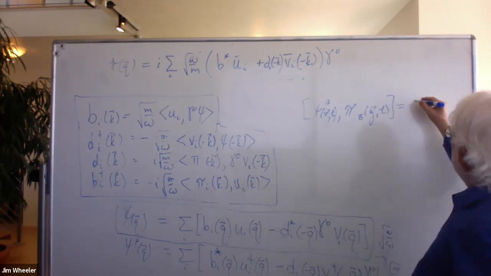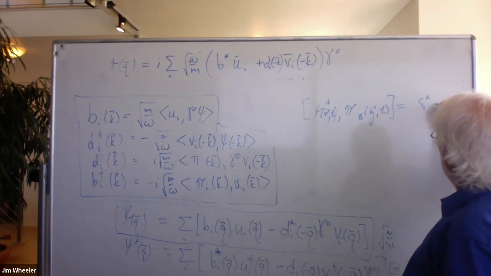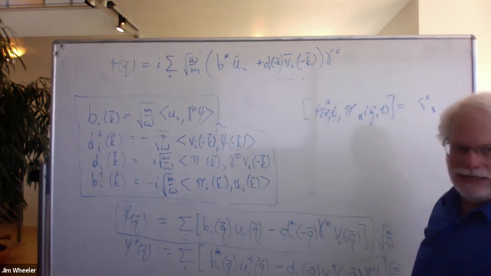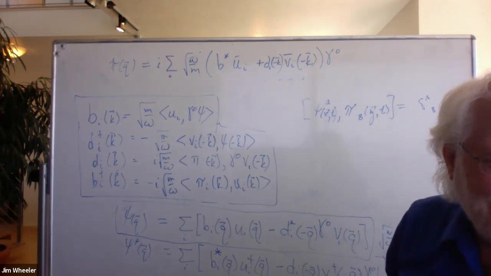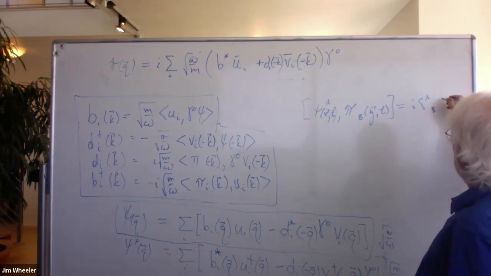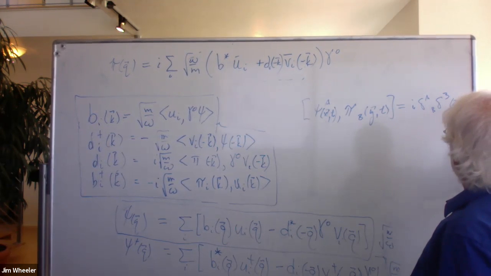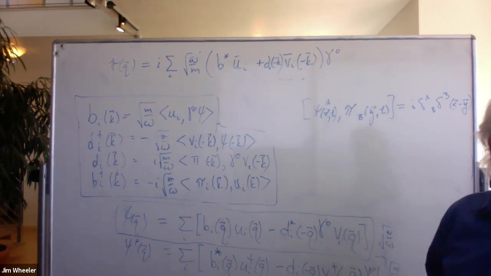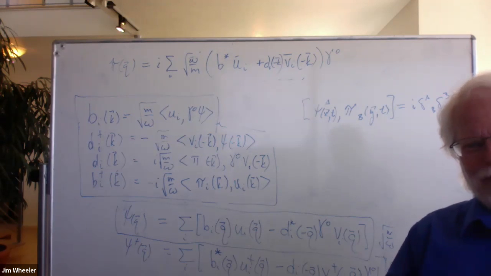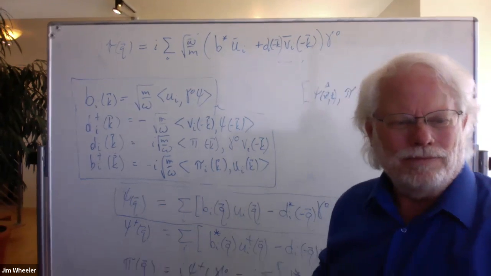And so we've got to be talking about the same components, psi A, B. And we're going to get our i h bar, where h bar is 1. And then we get delta 3 of x minus y. Like that. So canonical commutation relationship between the field and its conjugate momentum.